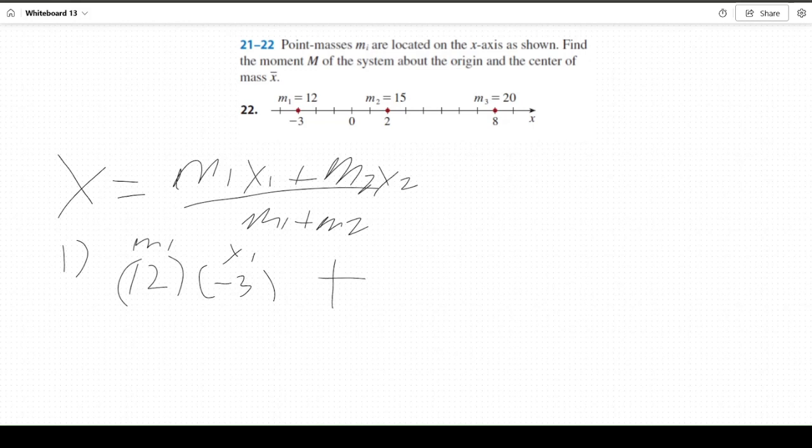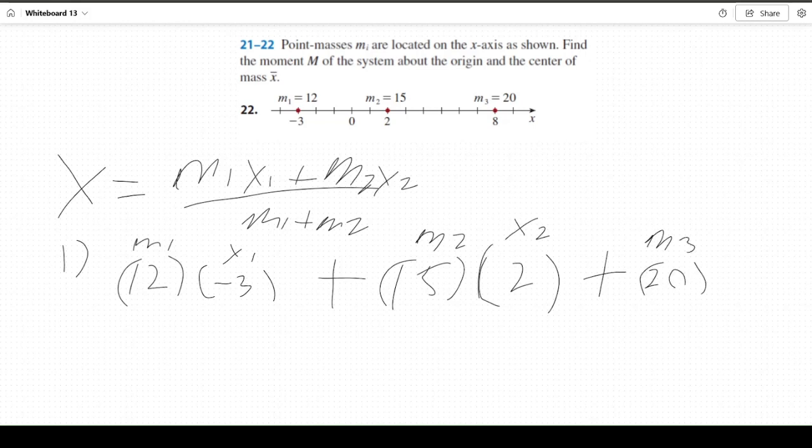The other mass is M2 equals 15, and X2 is going to be 2, as you see right there. The last mass is 20, that is M3, and the last x would be 8, that is X3.